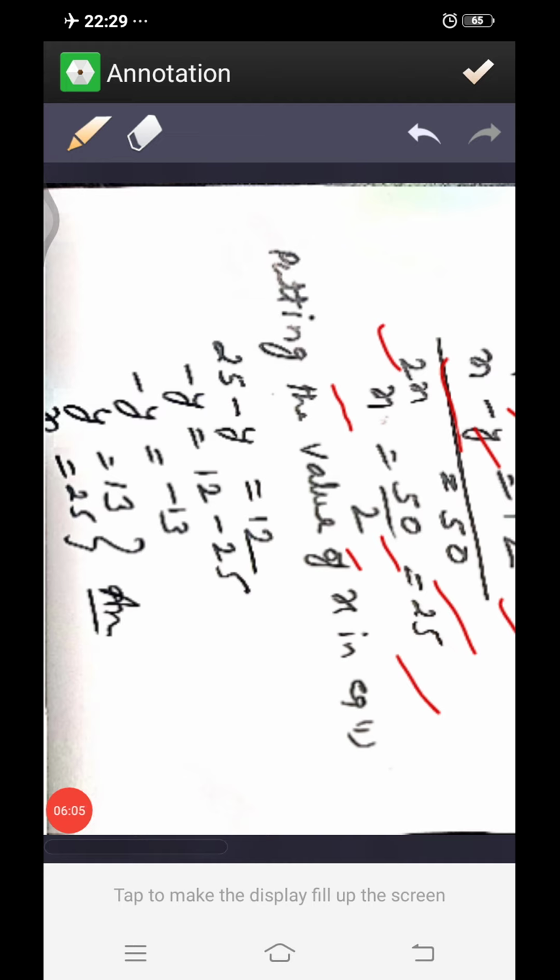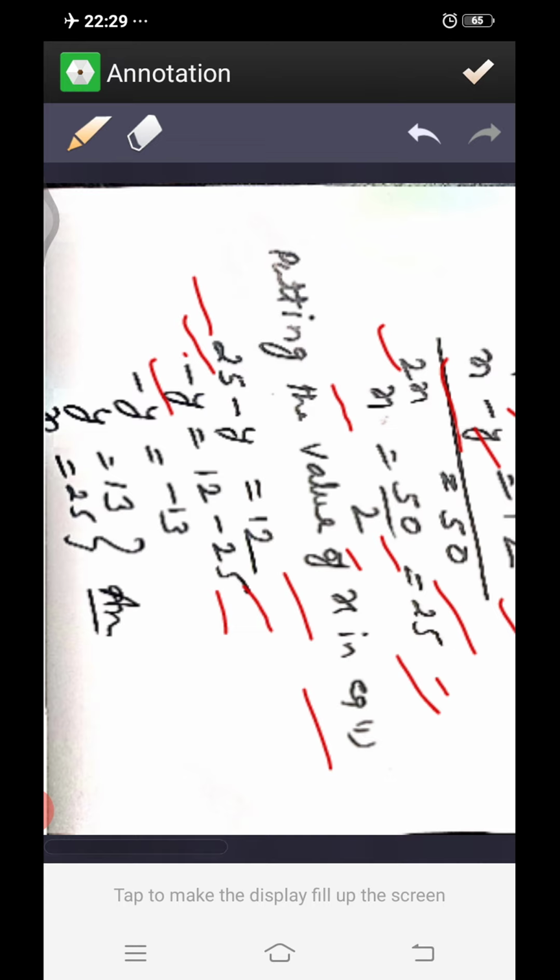Now we will put the value of x in equation first. So equation first is x minus y equal to 12. In place of x we put 25, which we got as the value of x. Then minus y equals 12 minus 25. This 25 comes to this side as minus 25.